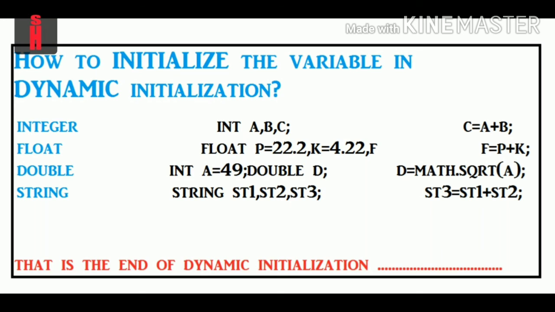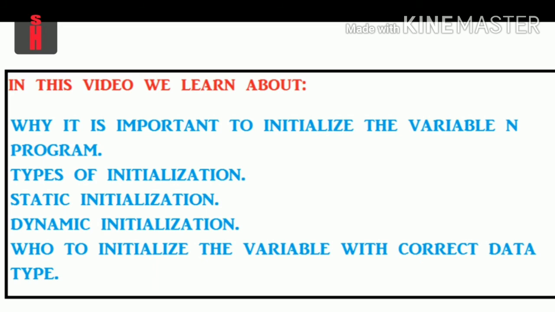If st1 has "I love" and st2 has two more words, that is "my India", then st3 will have the concat of both, and st3 has its correct value at execution time, that is "I love my India". That is the end of how to initialize the variable in dynamic initialization.